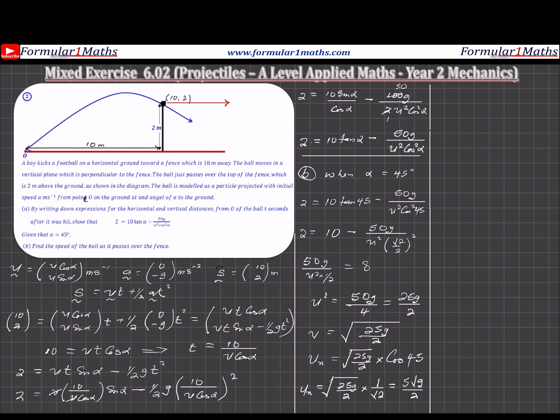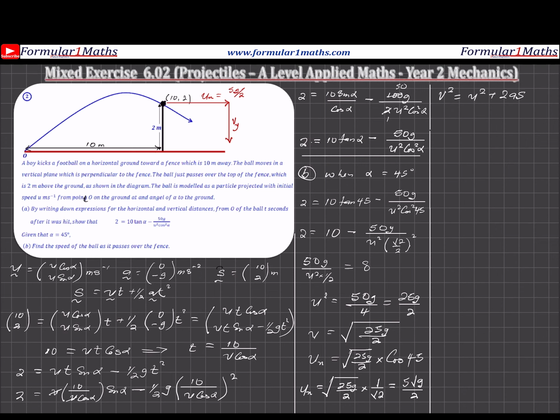So we can label that as ux, which is equal to 5 root g over 2. We now need to find the vertical component, which will be like this, coming down. If I call that Vy, I can now evaluate the value for Vy. I'm going to use another SUVAT equation. This time it's going to be v squared is equal to u squared plus 2as.